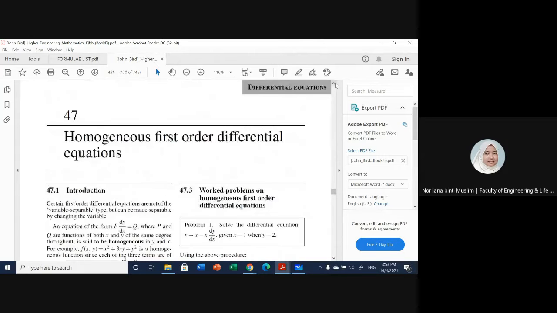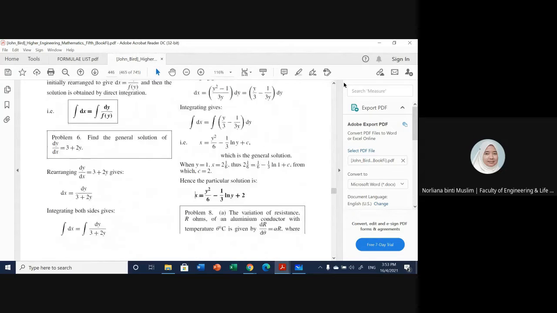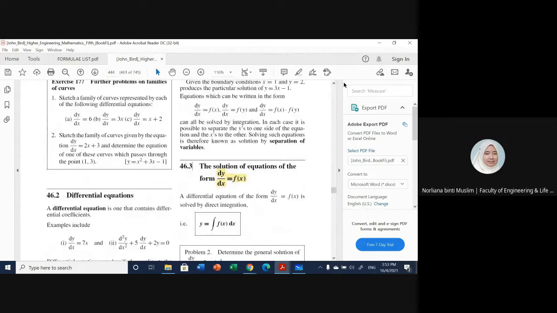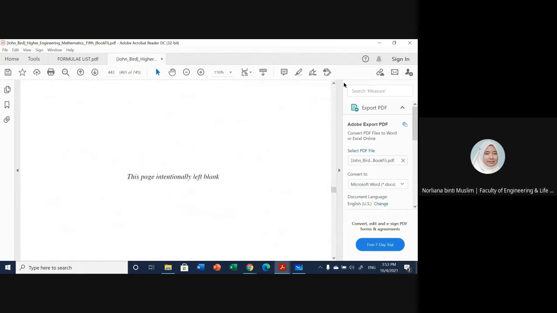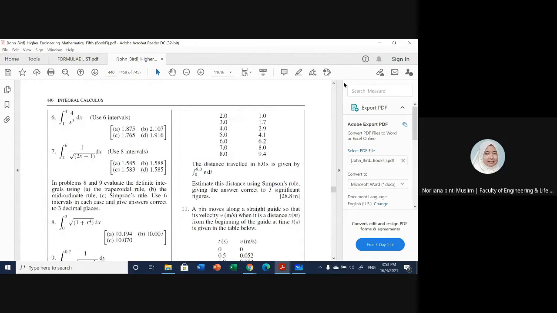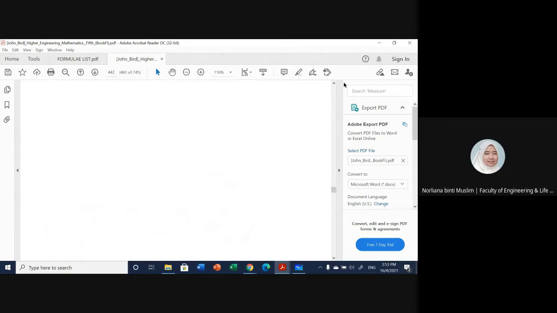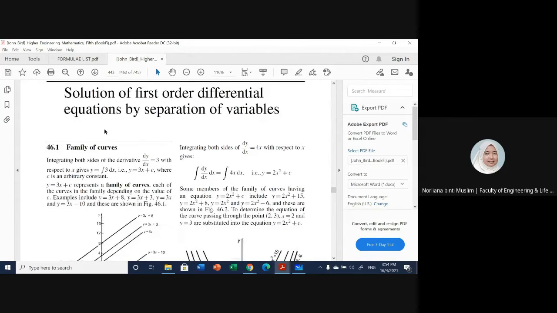Okay, we'll start with part 1 first. So the first part is the main method, called separation of variables.